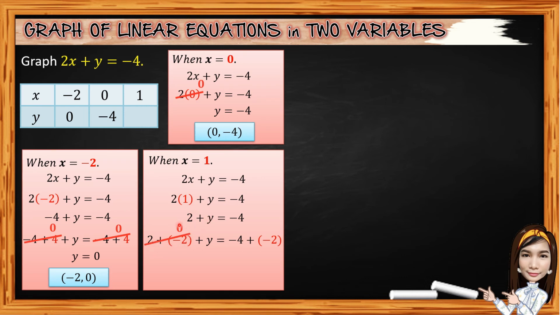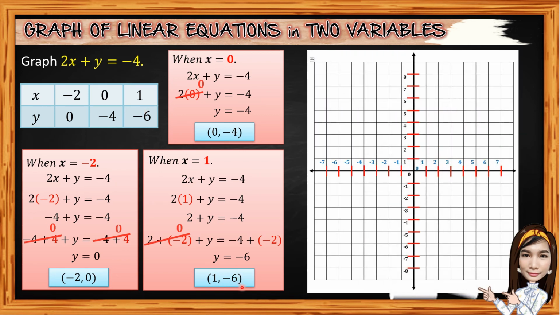So as you notice, that +2 turned into -2 on the right side. Then simplify, so we have the remaining y equals -4 plus -2 is -6. Then we write it on the table of values. Then the ordered pair can be written as +1 is the x, -6 is the y.